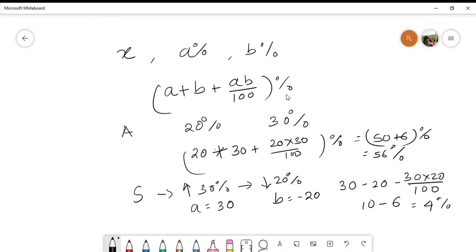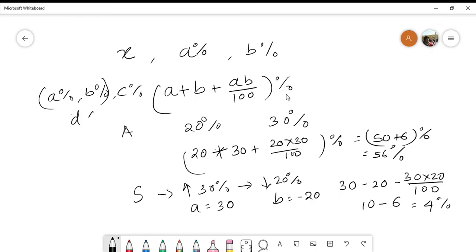So this formula can be applied to calculate the successive percentage change and the overall effect of all the successive changes. Now if we had three such percentages like a percent, b percent, and c percent, then also we can start by taking the first two and calculating the cumulative, overall percent change.